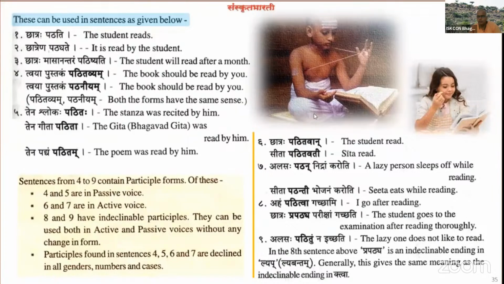This is the application of the nine words in the previous slide. The nine words that have been given have been applied here. So try to read the sentences and ask if there is any doubt. Yes, go and read.